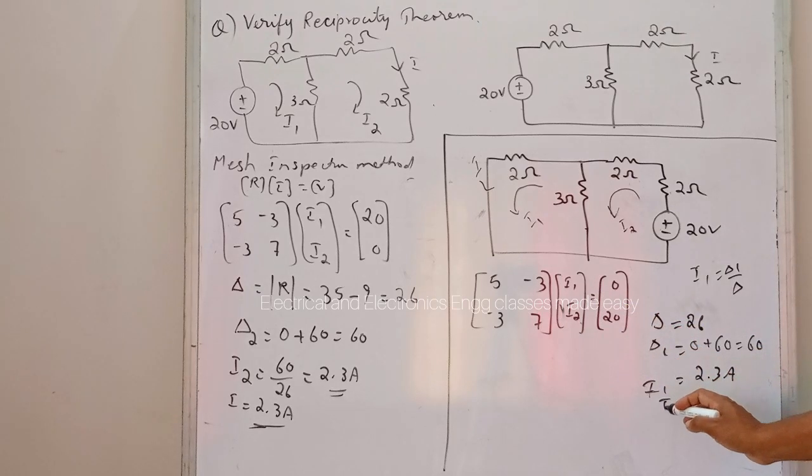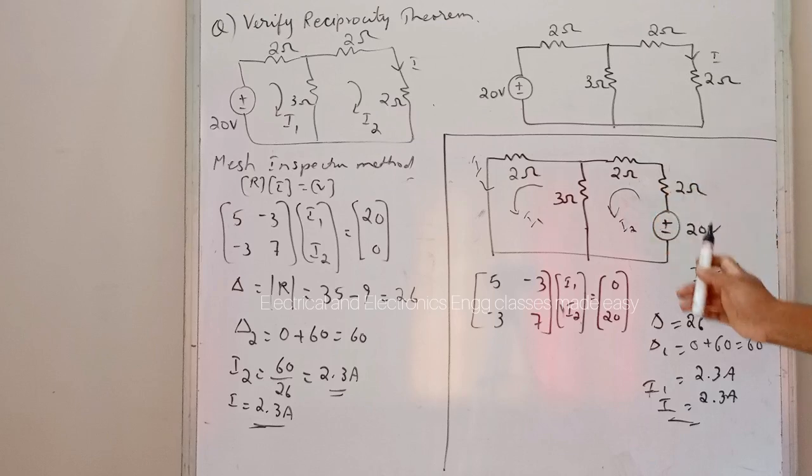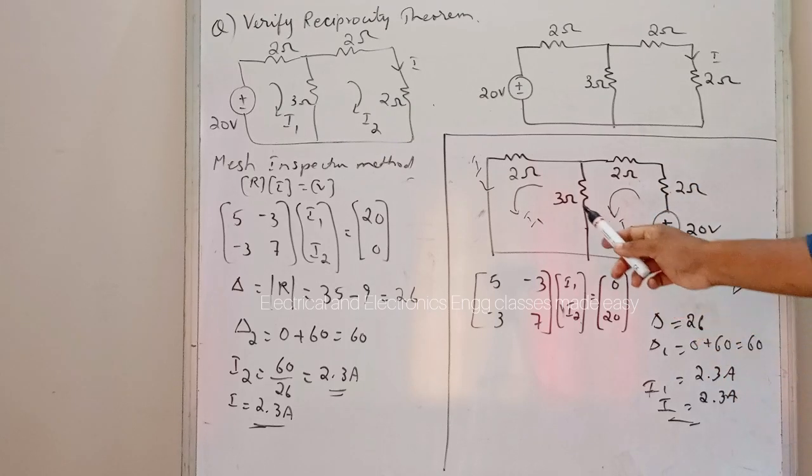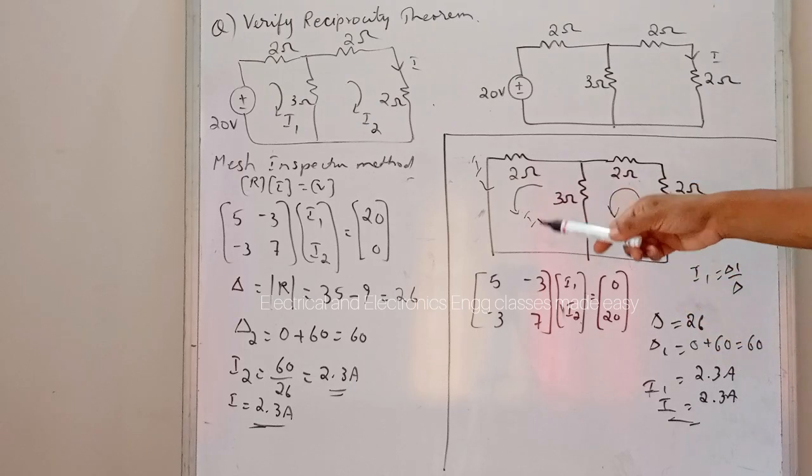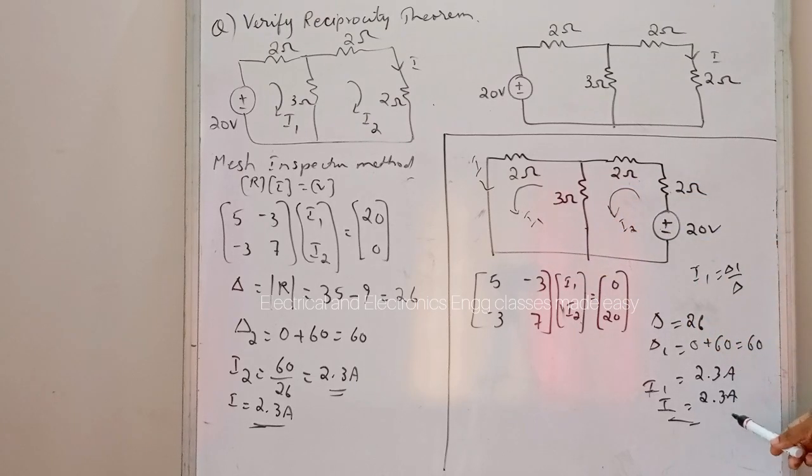So I here is also equal to 2.3 amperes. So in both cases we got the response, here the current, equal to 2.3 amperes. So the reciprocity theorem is verified.